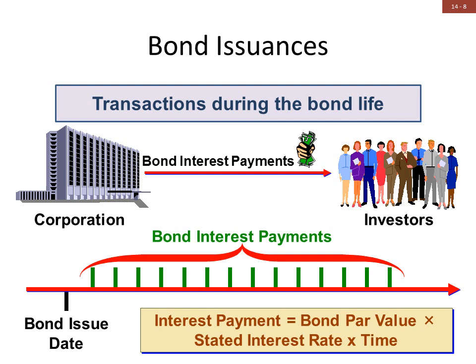It could be paid monthly, or every 3 months, which is quarterly, or semi-annually, which is every 6 months, or annually, every 12 months. So the interest is calculated by applying the rule that you have here, which is the face value of the bond, the par value, times the stated interest rate, the coupon rate, times the period.